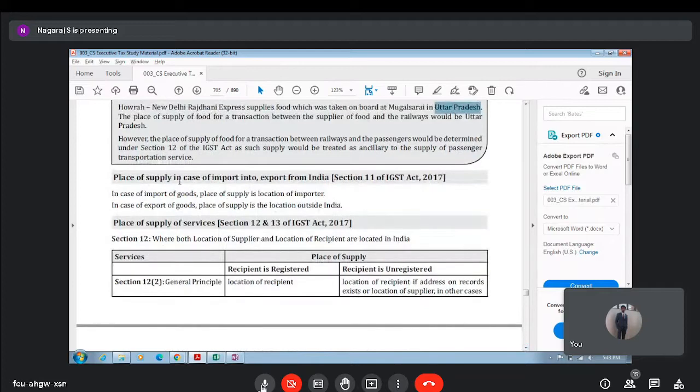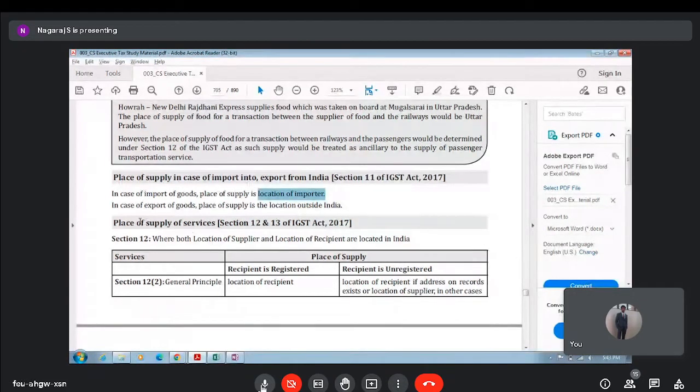Okay. Place of supply in case of import into and export from India: for import of goods from outside India to India, the place of supply will be the location of the importer. For export of goods, the place of supply will be the location outside India. You will not get questions on these things. Don't worry.